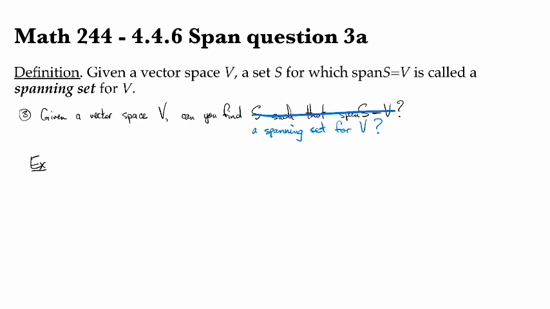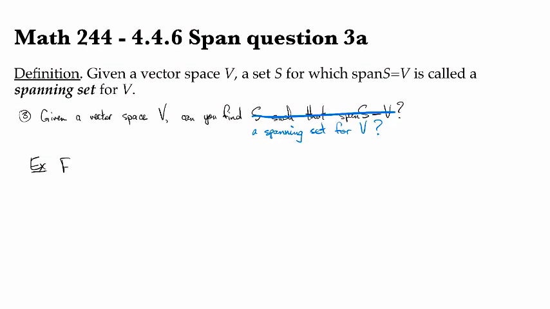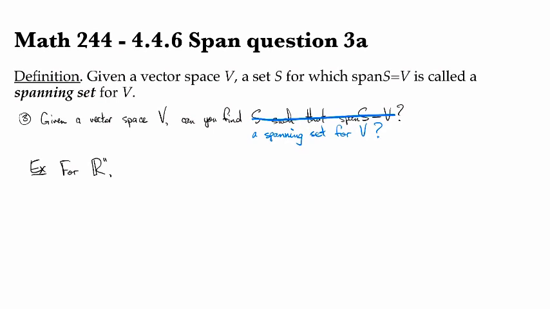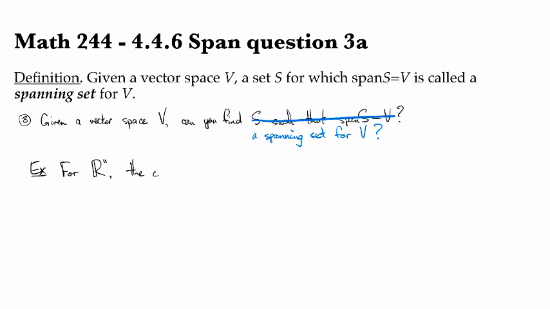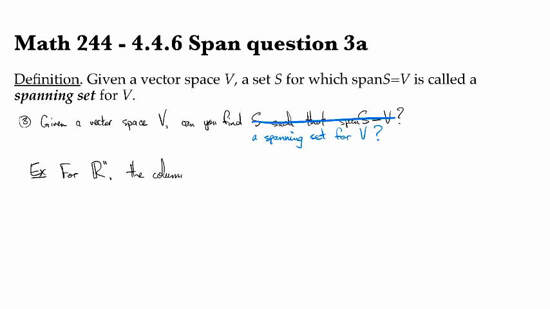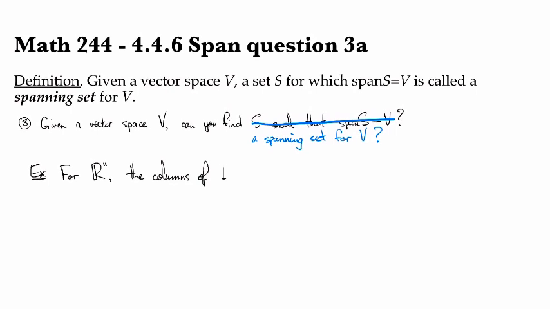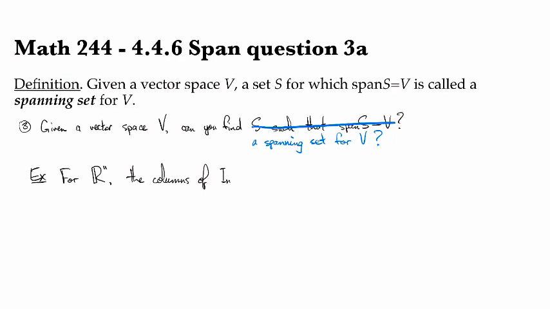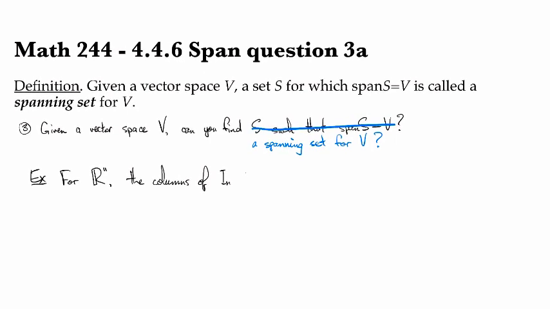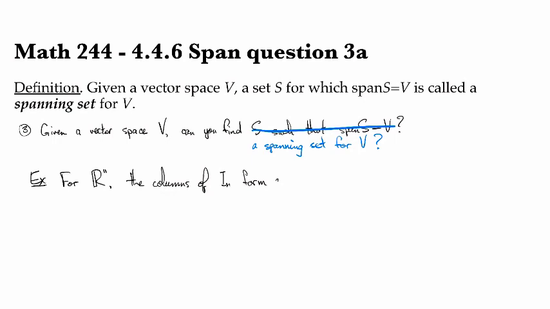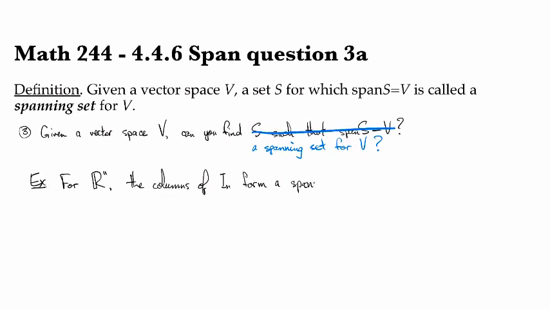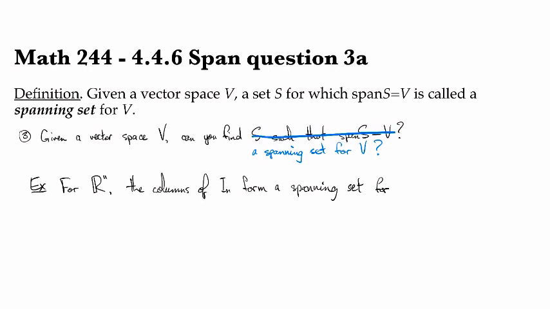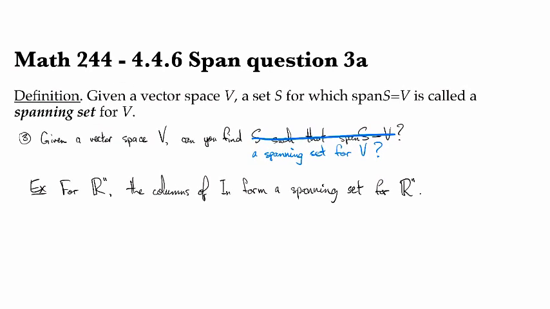Okay, so let's look at some examples. From before we saw that for Rn, the columns of the n-dimensional identity matrix In form a spanning set for Rn.